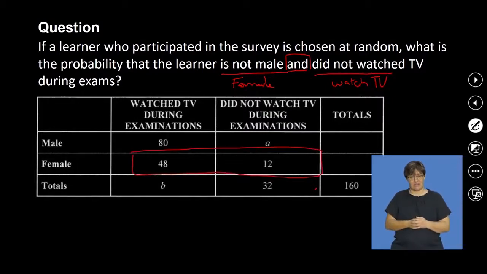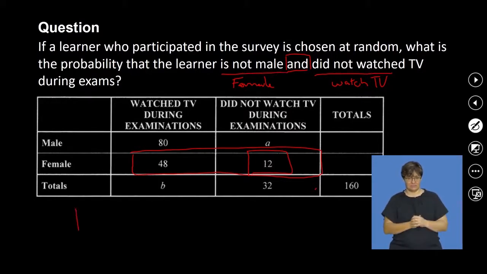And if we look at the females that did not watch TV, they are those ones there. So these are not male, and they did not watch TV. It's 12 of them, and we've isolated them exactly.